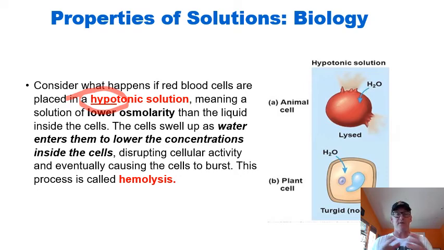And so the volume of that cell is going to get higher and higher until eventually it bursts, because the cell membrane can't contain that volume. Like if you blow up a balloon enough, it's going to pop, and that's what happens. So if you put red blood cells in pure water, they pop because the water rushes in to lower those concentrations of solute inside the cell, and that's called hemolysis.